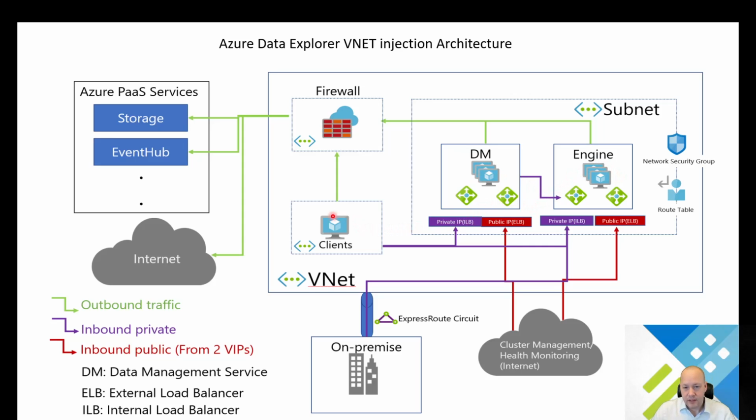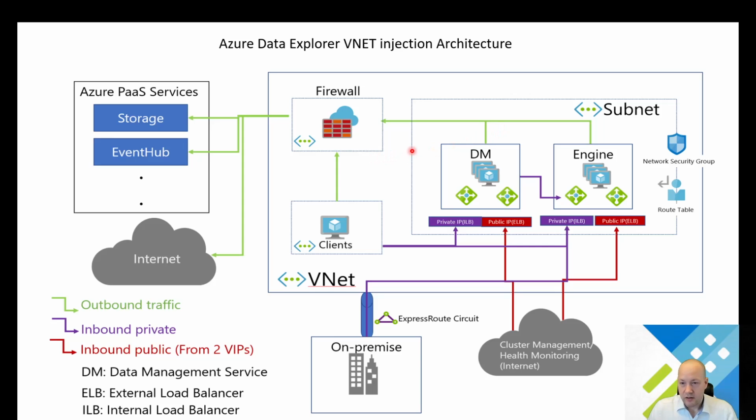And as you see here, those clients will be connecting to the private IP address, to the private load balancer, to the DM or to the engine. The public IP which has been created is connected to the public load balancers and enables us to monitor the cluster and make sure that it's running properly. That's it for this part of the VNet injection.